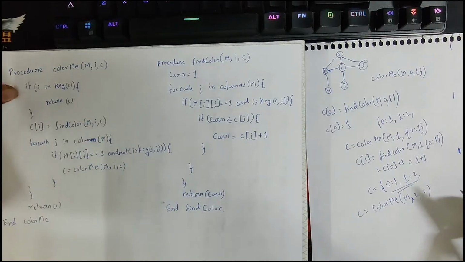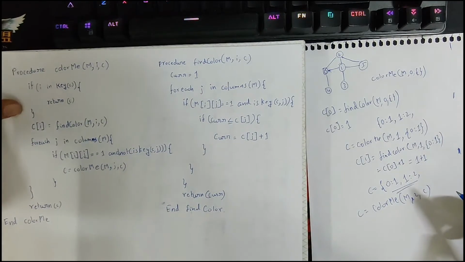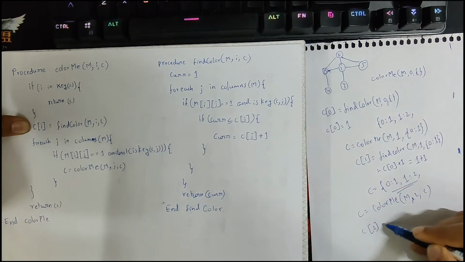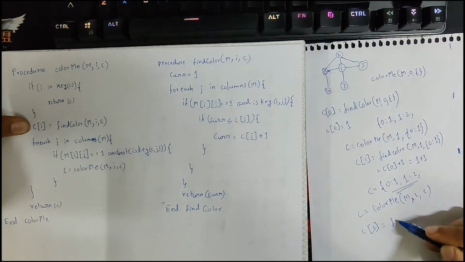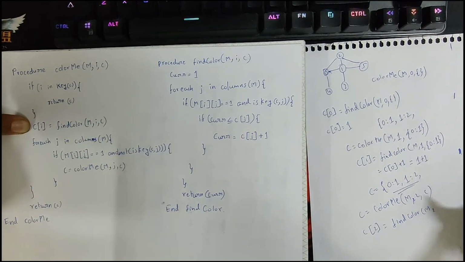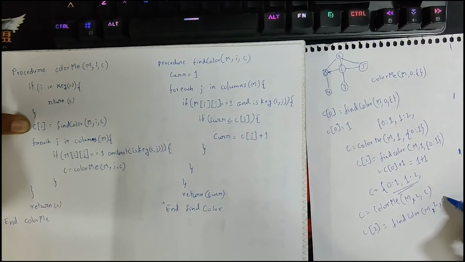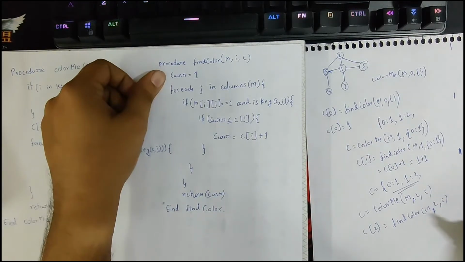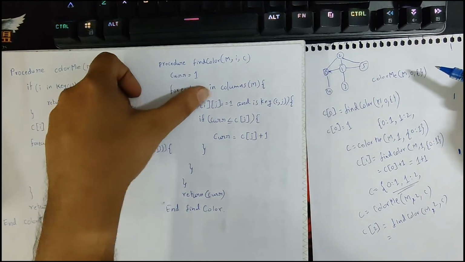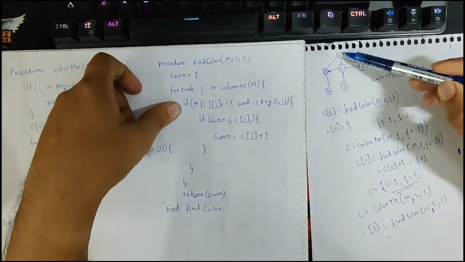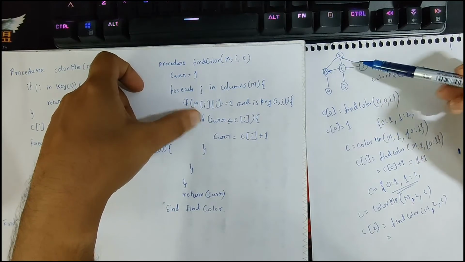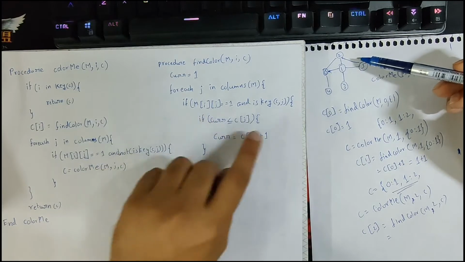Now in this color me, again 2 is not a key, so we won't be returning anything, and c of 2 will be find color of m comma 2 comma this updated c. So in this find color, first we are searching all the j's where 2 has an edge. So 2 to 0, 2 to 1 and 2 to 5, 3 edges satisfy this first condition and j is a key of c.